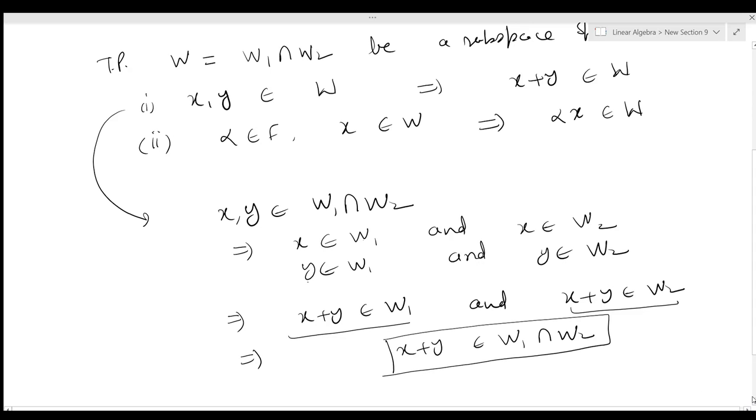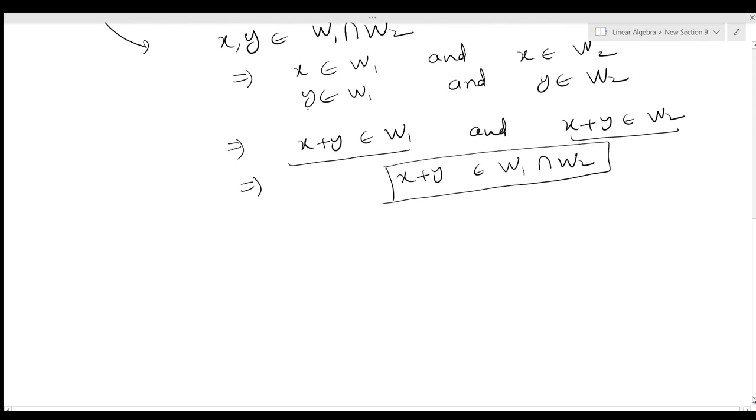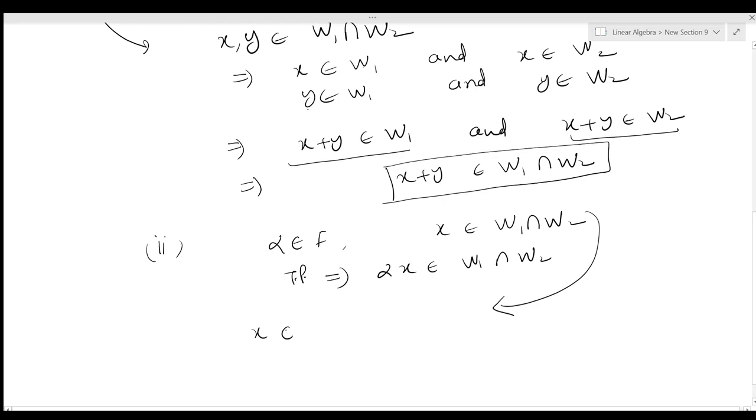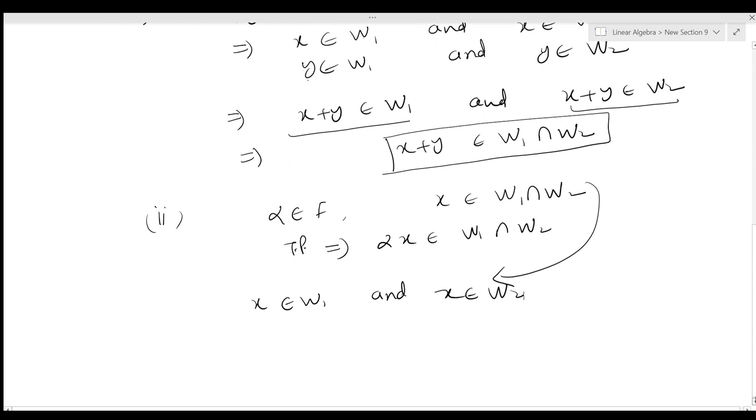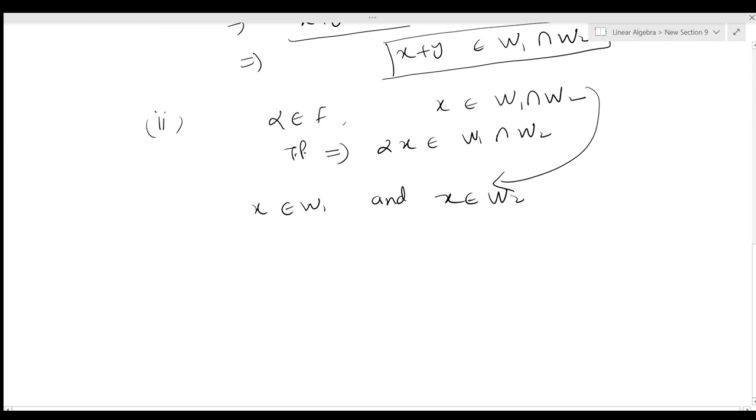Now we proceed further for the second part. In the second part, alpha belongs to F and x belongs to W1 intersection W2. So we have to show alpha x belongs to this. So from here, what we can write? x belongs to W1 and x belongs to W2 using the definition of intersection. So as you know, guys, W1 is a subspace. So what we can write from here?